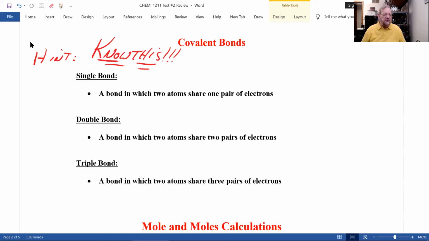The first one is a single bond, and a single bond shares 1 pair of electrons. The second type you should know is a double bond, and it shares 2 pairs of electrons. And the third is a triple bond, and it shares 3 pairs of electrons. Single bond, 1 pair, double bond, 2 pair, triple bond, 3 pair.